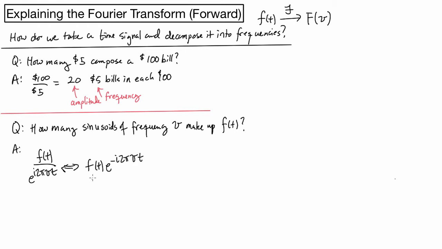And so if you want to think of it, f of t is kind of playing the role of the amplitude. It's not really playing the role of the amplitude. It's sort of like doing the decomposing, right? It's the how many parts, maybe is the better way to say it.